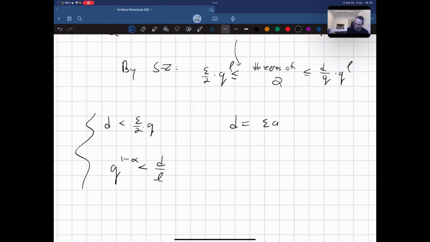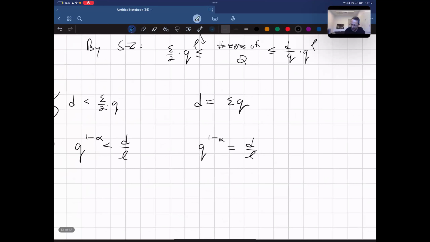We'll just do it with equalities and remove the twos because again we live once. So plugging this here will get you epsilon q over L. I mean, this is a parameter that we introduced. At least q has something to do with the seed length. These are some parameters, so I'm just substituting d here. And then you'll see that the q cancels out, like the minus alpha stays, but the q cancels out.